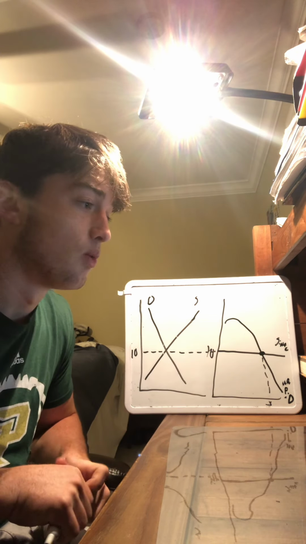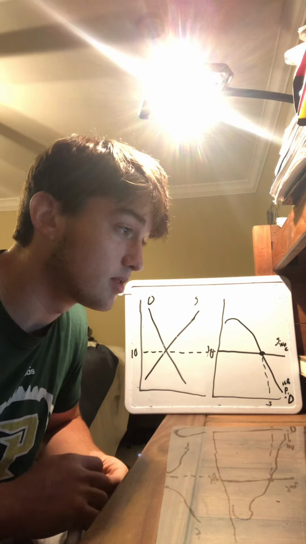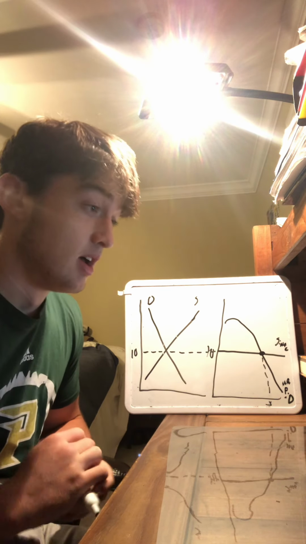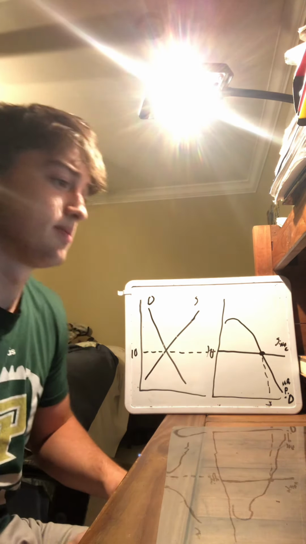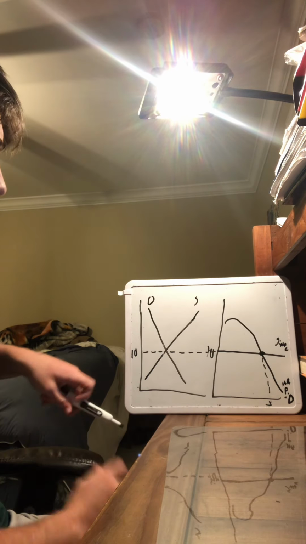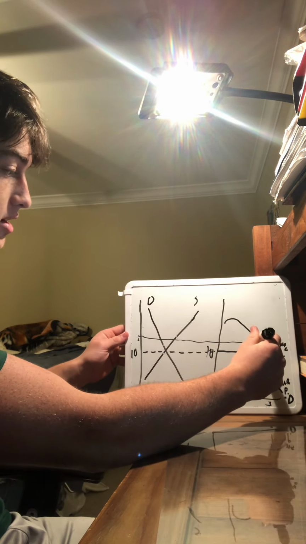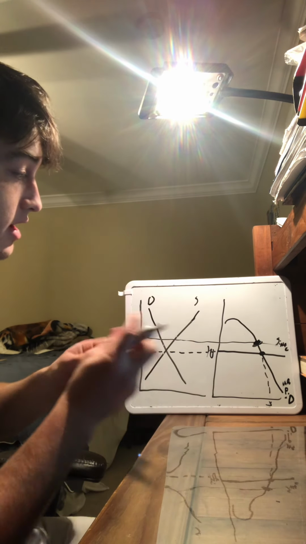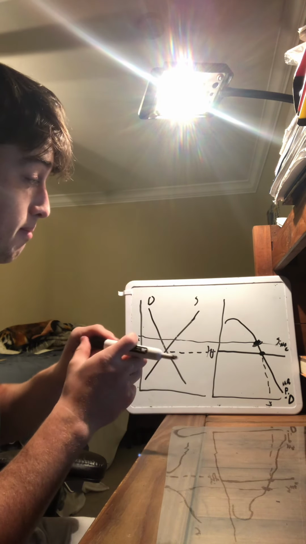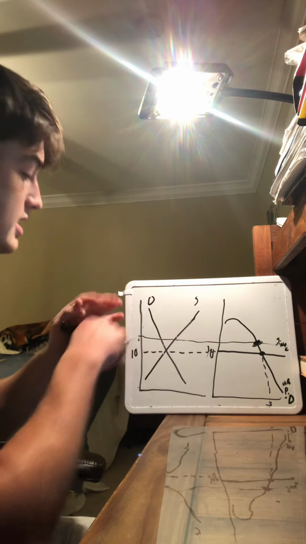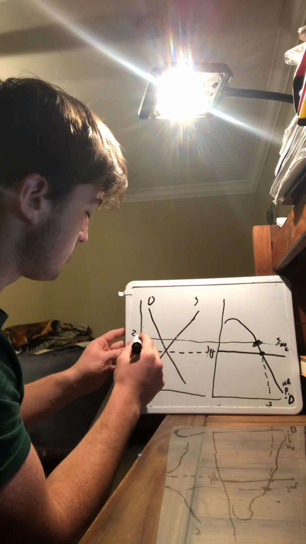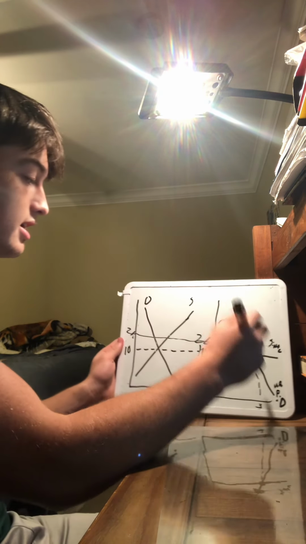Now, what would happen to both graphs? So if the price of the good in this firm went up, simple. This would be a new area. Price is going up, you're going to hire fewer workers, but, well, actually, let me see this here. So let's say this is now $20.